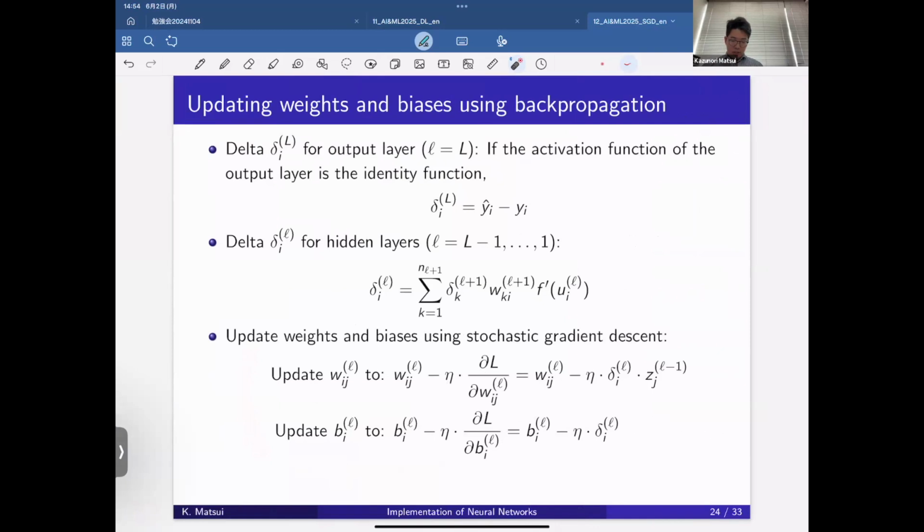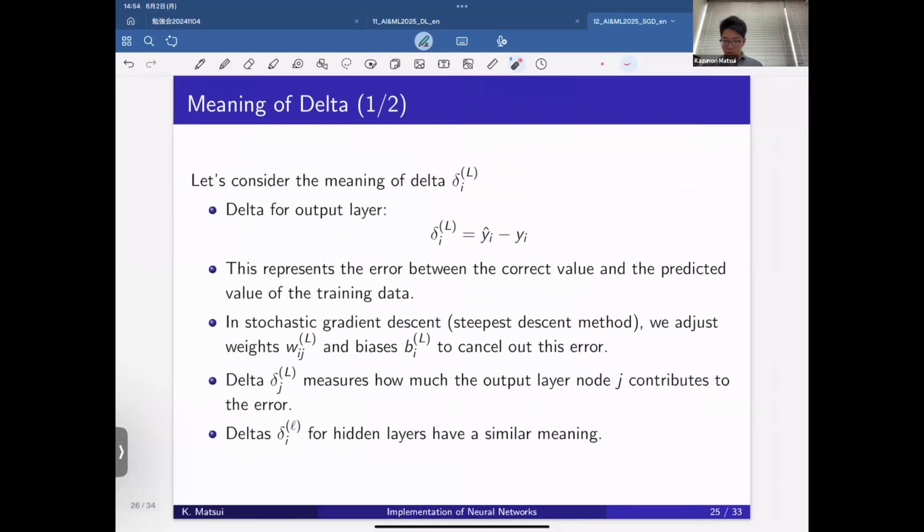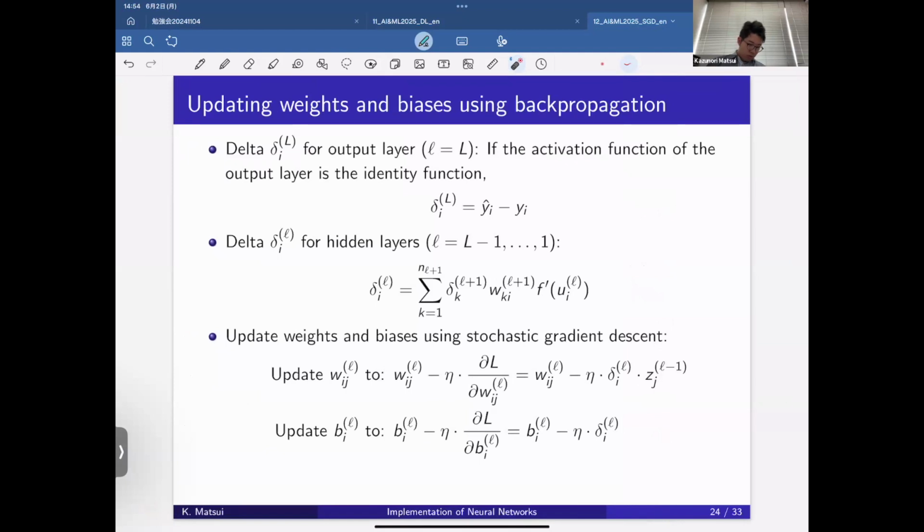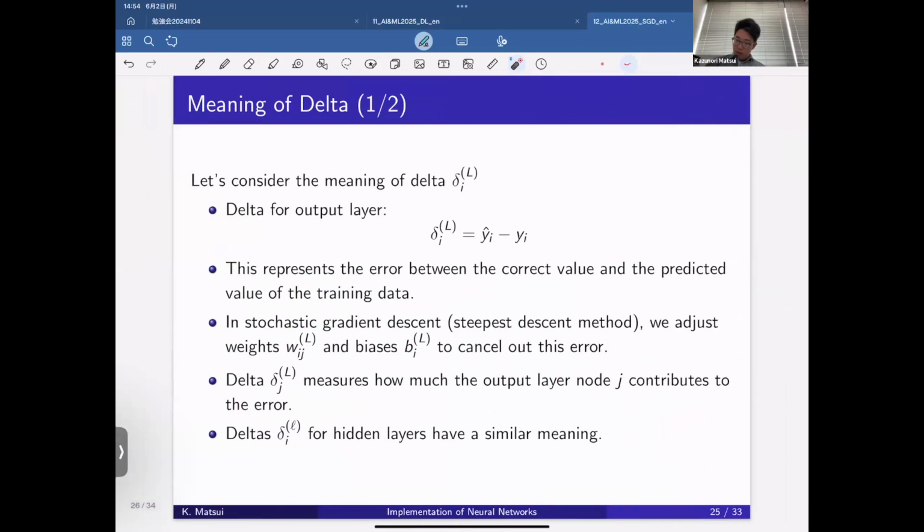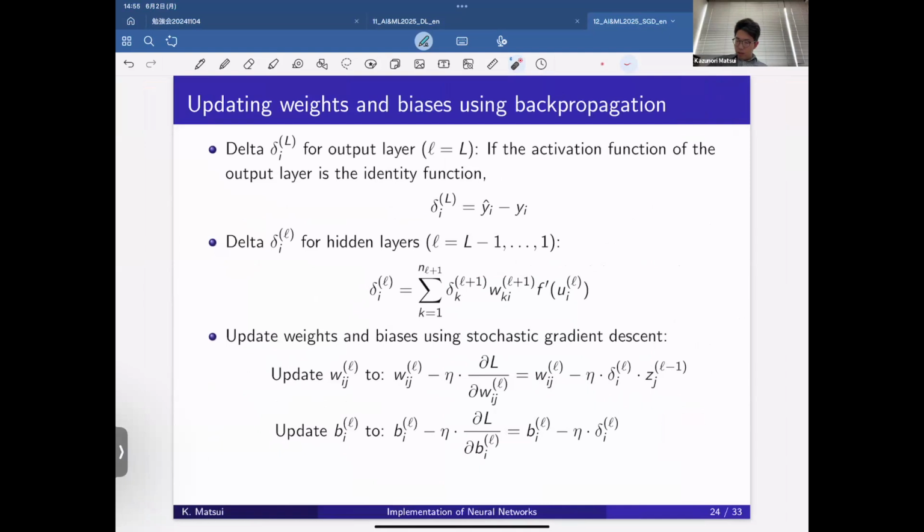When we make the activation function of the output layer the identity function, it becomes this kind of calculation.